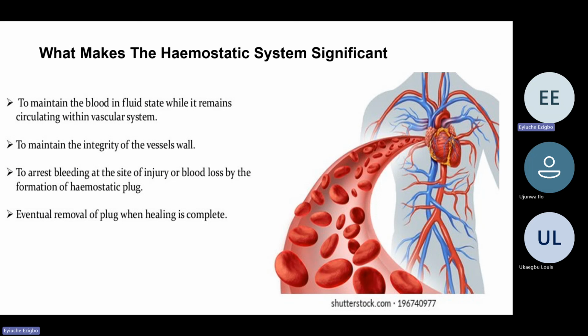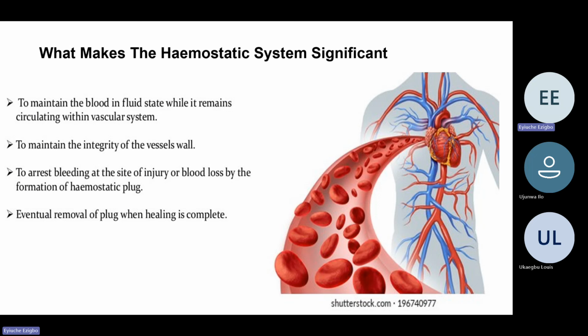Making sure that the blood that moves inside our system is not clumped or clotted. It is the hemostatic system of the body that ensures that our blood, while it circulates inside our vascular system, remains fluid and not clotted.